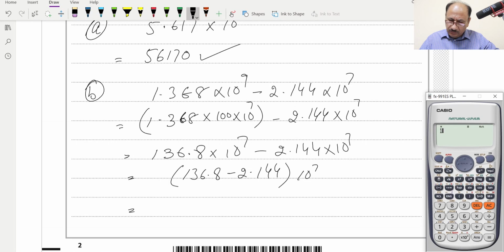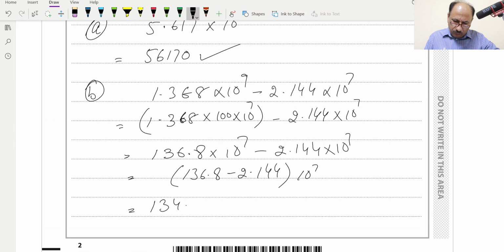So it will be 136.8 minus 2.144, and this will be equal to 134.656. So 134.656 × 10 raised to the power 7.